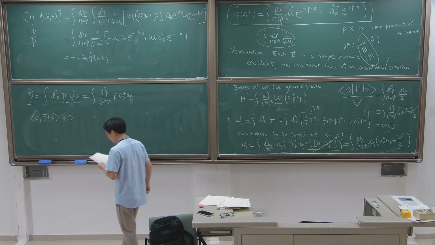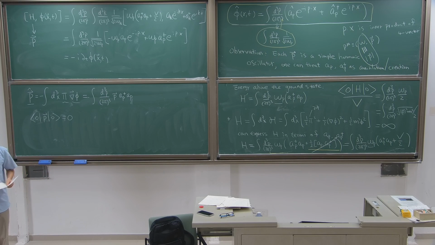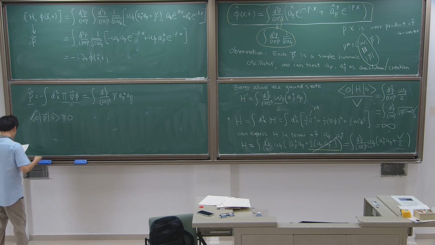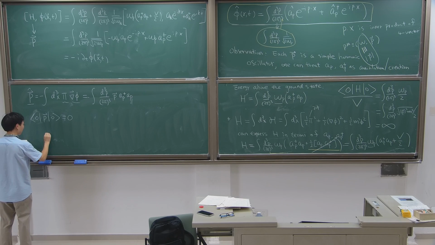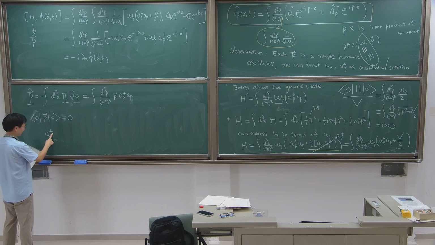Now, somebody also asked how to really understand this. You claim that if you act on the ground state with A_p dagger once, you will get a one particle state. How to justify it? Let's do that. We act with any given, some particular p, A_p dagger on the ground state.